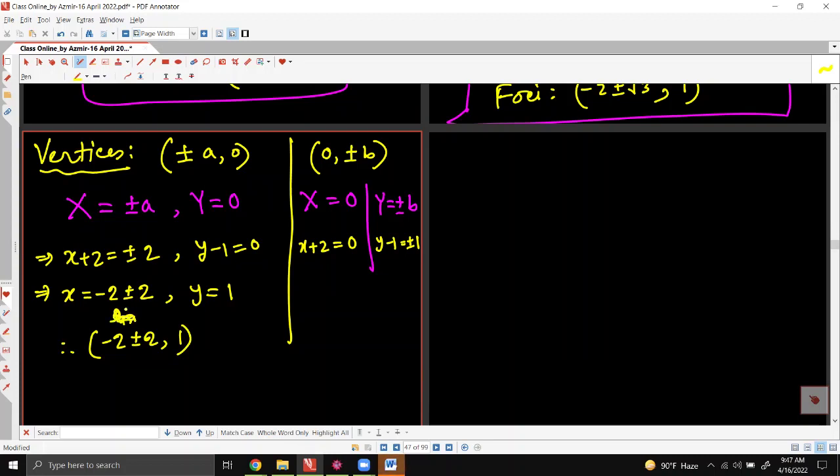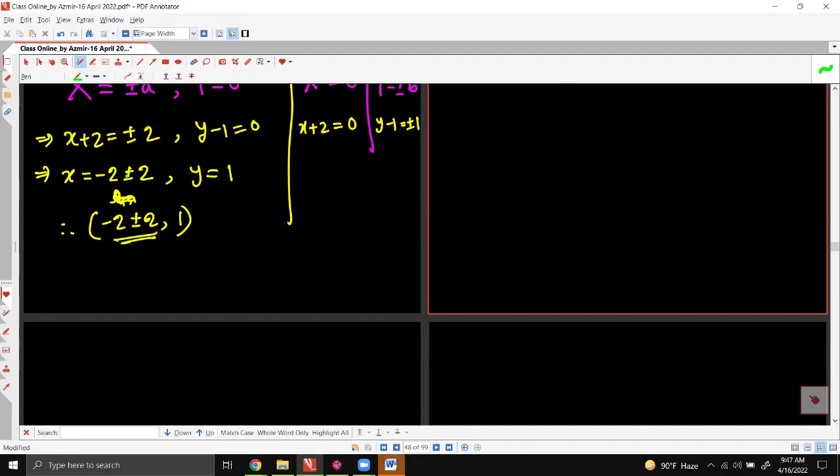So I hope you have understood what I mean to say. That means you can find numerical values. Okay, let me find the numerical values. If we work with plus, for plus we have x equals minus 2 plus 2. So we have actually 0.